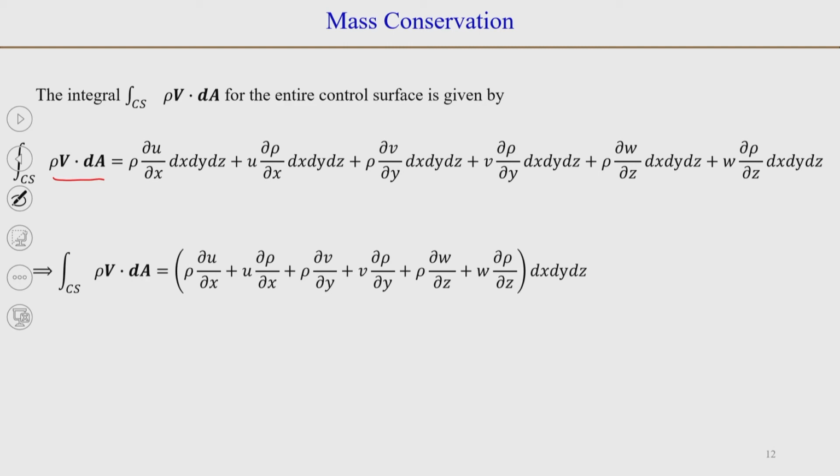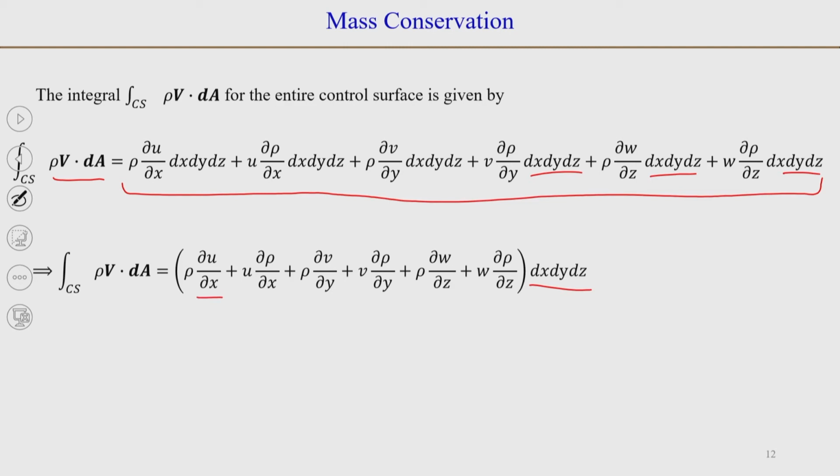If we combine this, we see first that all 6 terms will have dx dy dz, so that can come out, and now we have 6 terms: ρ ∂u/∂x plus u ∂ρ/∂x plus ρ ∂v/∂y plus v ∂ρ/∂y plus ρ ∂w/∂z plus w ∂ρ/∂z.